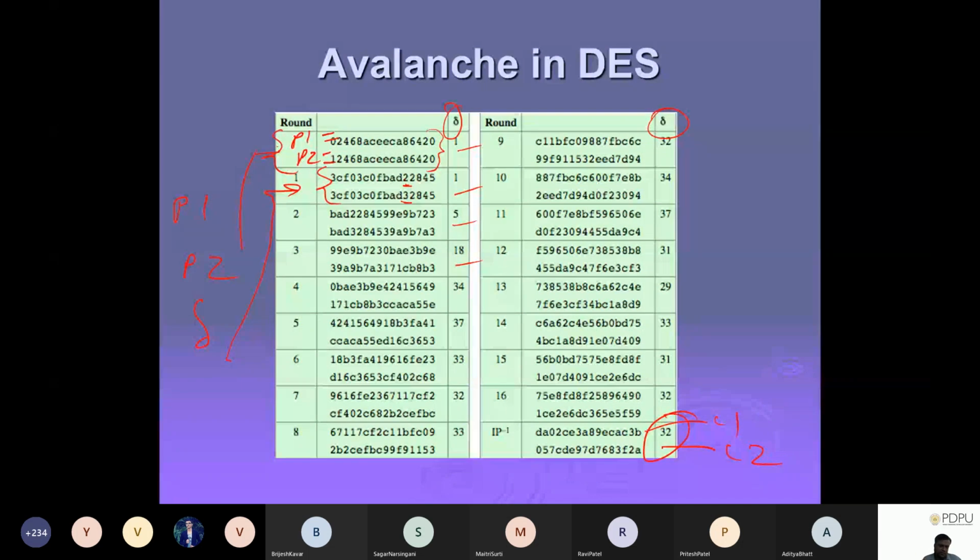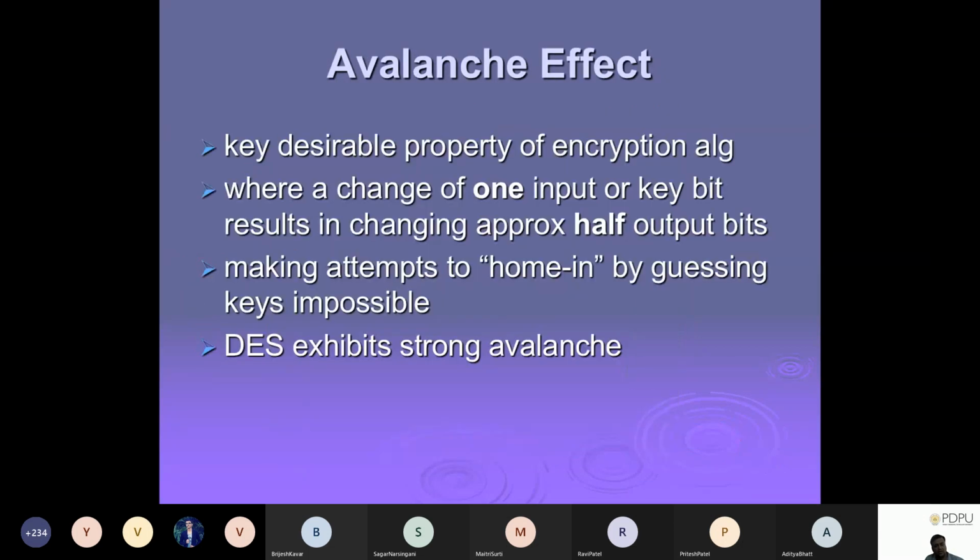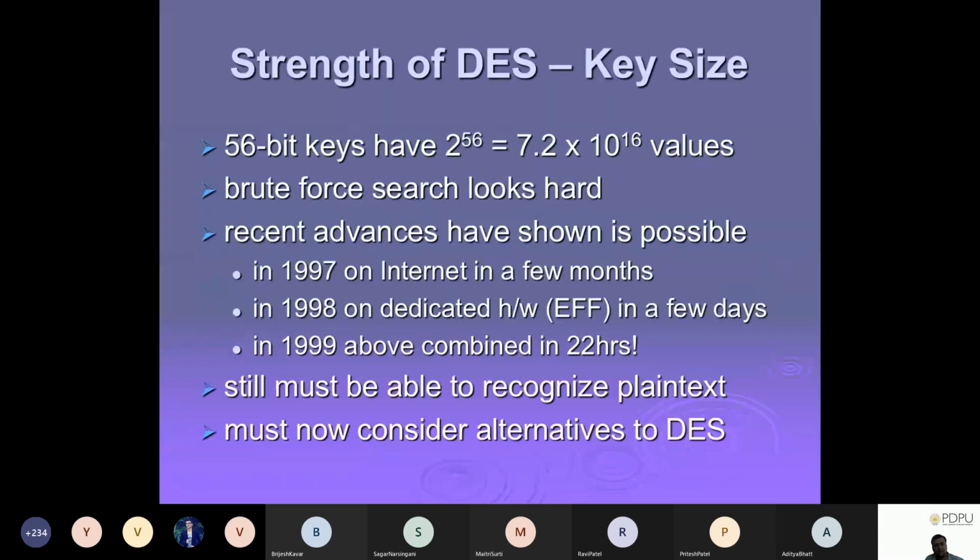One other thing we are going to see in unit 4, as of now we are in unit 2, is hash functions. Even in that, if you change 1 bit in the input, about half of the bits in the output are going to change, sometimes even more than that. So that is very hard for attackers, and that's why these things are designed this way. This is the avalanche effect.